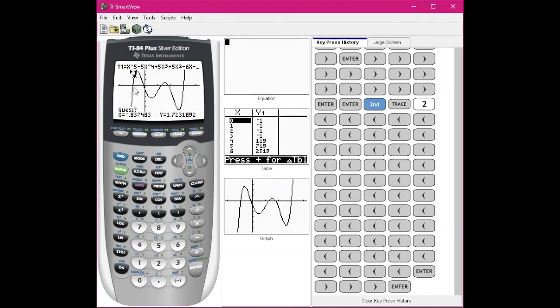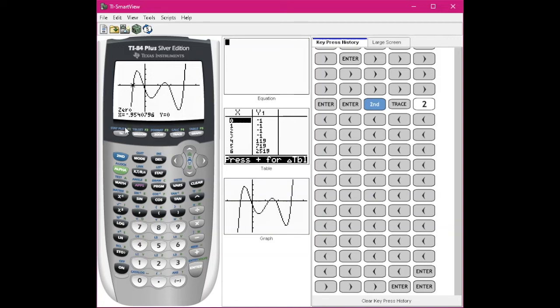Somewhere in this space there's a 0. Don't worry about a guess, but remember that this is not your answer. Your answer would have to have y equals 0, and obviously that's not y equals 0. So now I've pressed enter for the guess, and your 0 is x equals negative 0.95, y equals 0, but you can just write x equals negative 0.95.